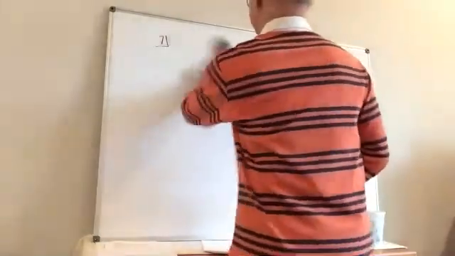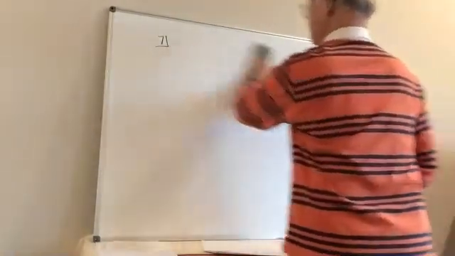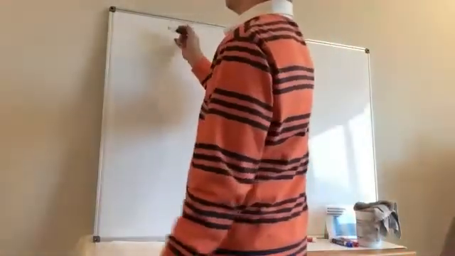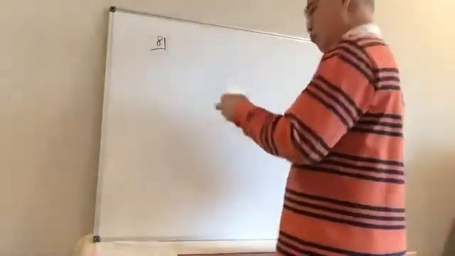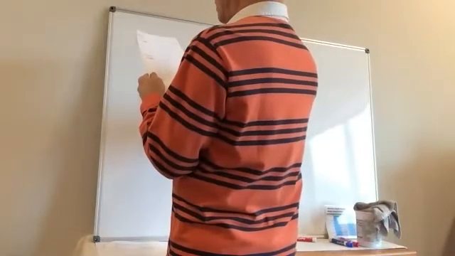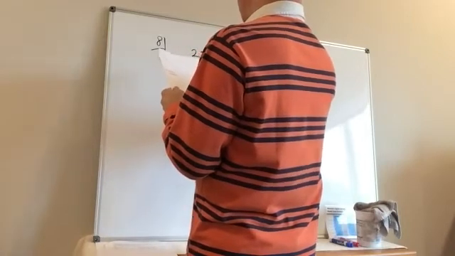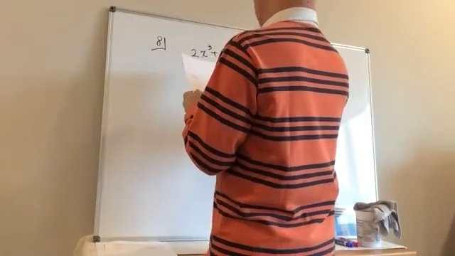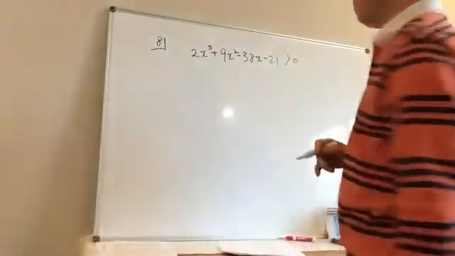All right. Let's do 8. Solve the inequality 2x cubed plus 9x squared minus 38x minus 21 is greater than or equal to 0.